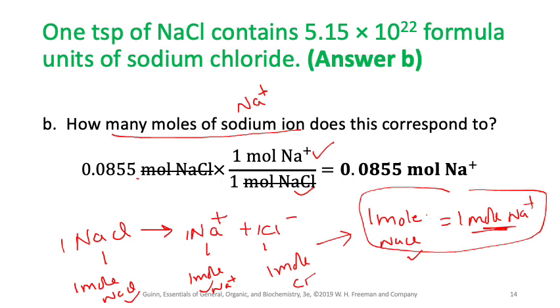Multiply with your given number that we solved on the previous slide. We already know how many moles of NaCl you have in this number, so we don't have to use this number again. We already have the moles from part A of the problem. So we put that number, moles of NaCl get cancelled, and then you will get 0.0855 moles of sodium ion. So this is how you solve the problem for any ions.